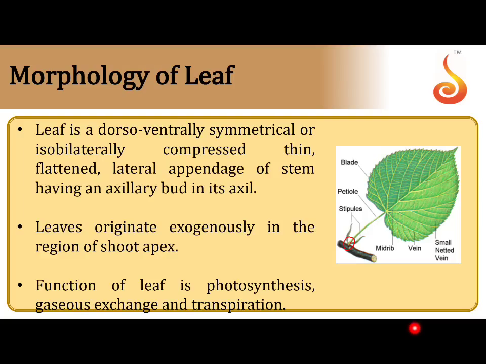You can see from the left to right it is having a proper symmetry maintained on both dorsal or upper surface and ventral or lower surface. Leaves are generally isobilaterally compressed, meaning to tell they are equally compressed from upper and lower side. Bilateral because it can be cut into two equal halves in one plane.